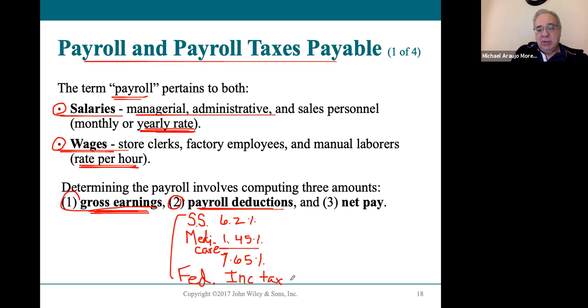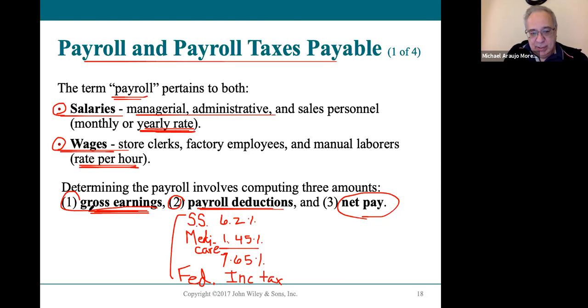Then there are a whole bunch of voluntary taxes, voluntary deductions, rather, not taxes, God willing. So your contributions towards your health insurance, your contributions towards retirement, if you give to United Way or some other charity through your paycheck, those are all voluntary. Okay. At the very end is your net pay.